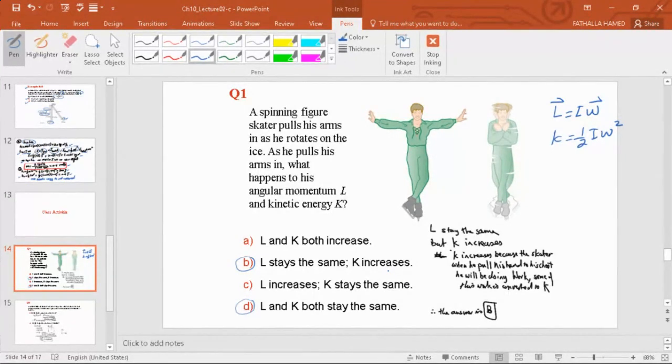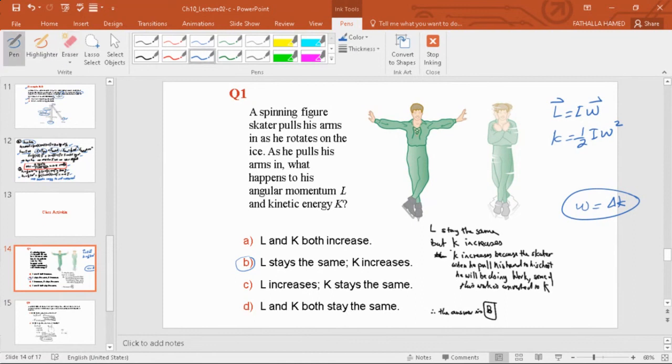Well, you know that when we did this in chapter 6, when we talked about work, we said that the work should equal the change in kinetic energy. Now, when he brings his arms in, he's doing work, and that will change the kinetic energy. So the kinetic energy cannot stay the same. So we can take that option out.